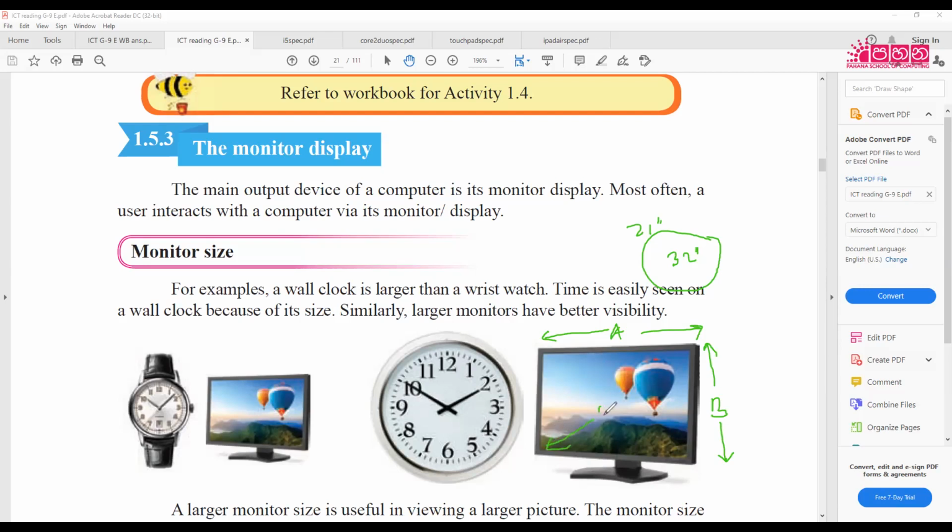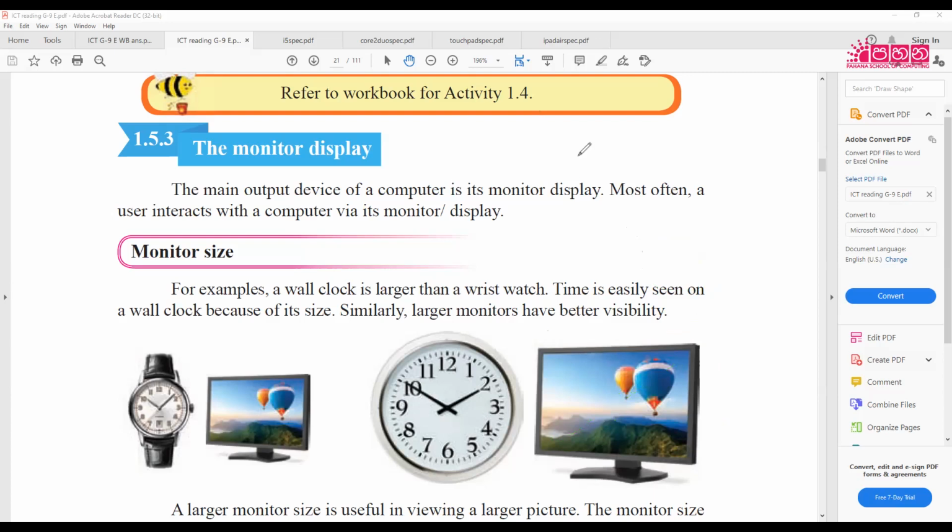So when you say 32-inch, the measurement goes like this. Right. So remember this. It's not A, it's not B. It's not length and width. So you measure the length of the monitor across the screen. Remember that.